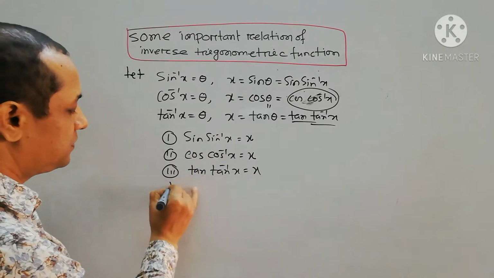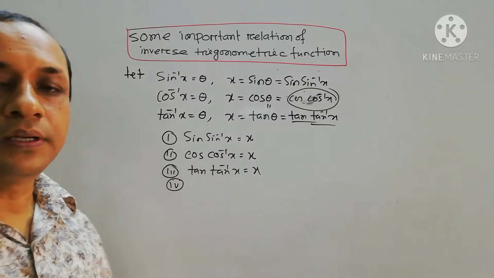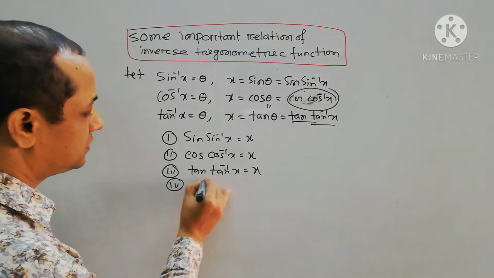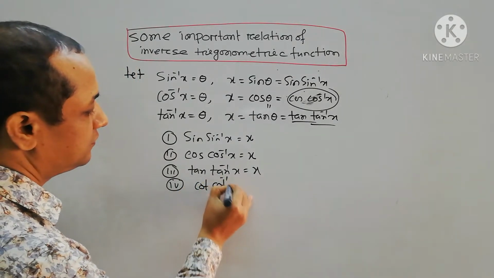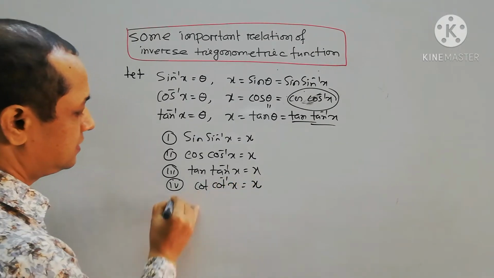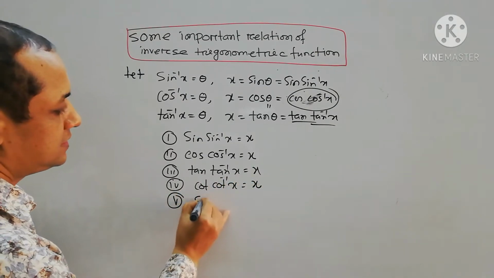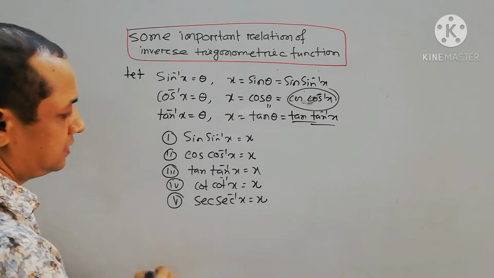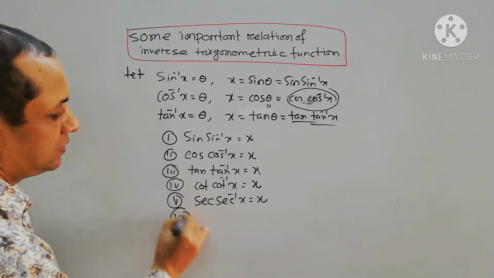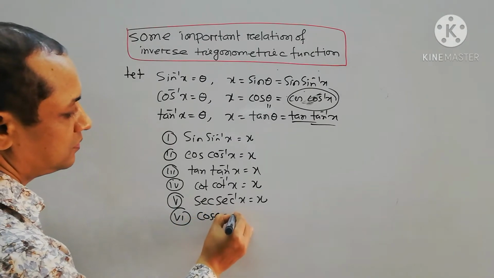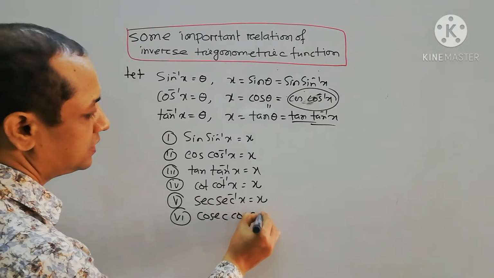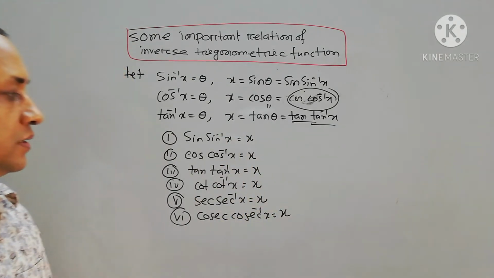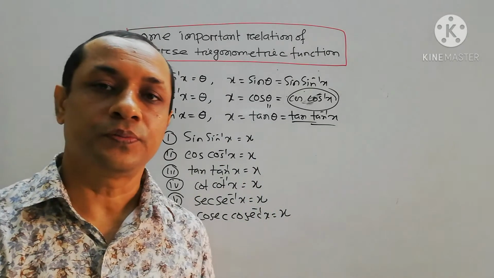Similarly, we can prove number 4, cot of cot inverse x equals x. Number 5, sec of sec inverse x equals x. And number 6, cosec of cosec inverse x equals x.